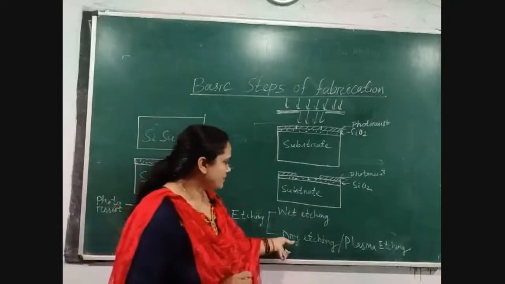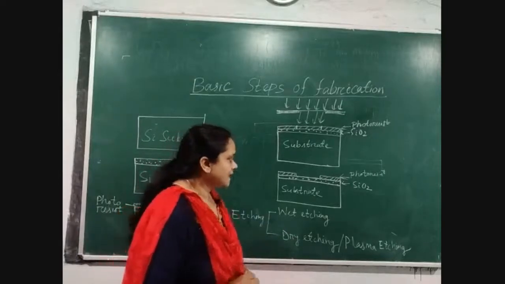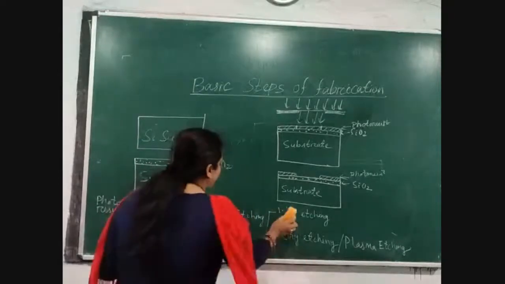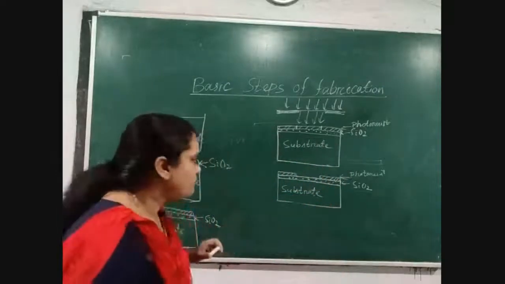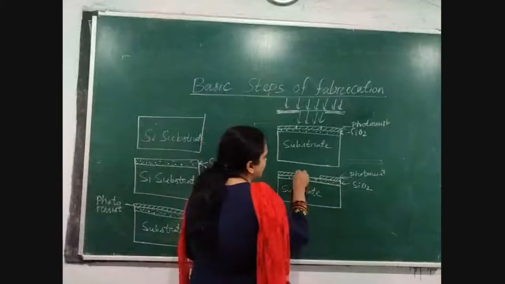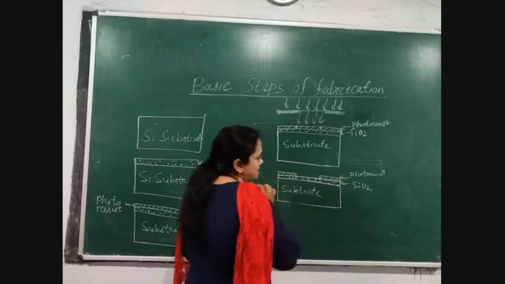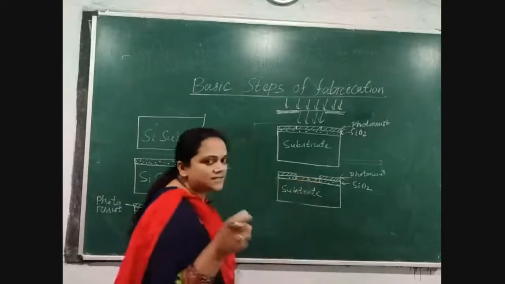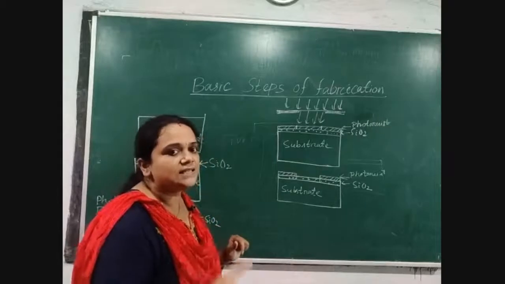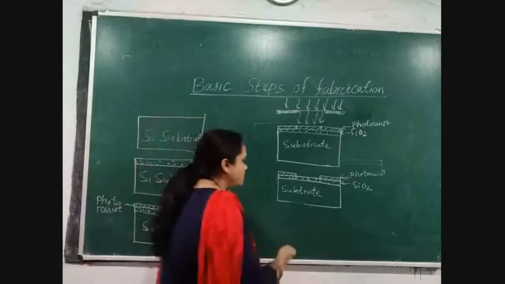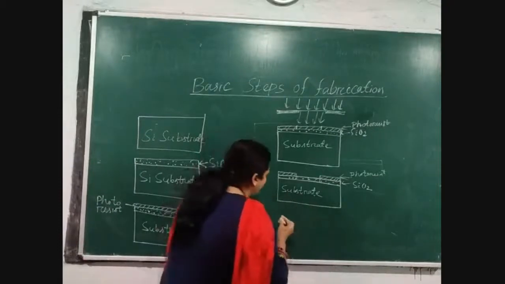So this is all about etching. Then the portion that is not covered with photoresist, means the oxide region that is not covered with photoresist, is removed in the next step using dry etching or wet etching as per the requirement.